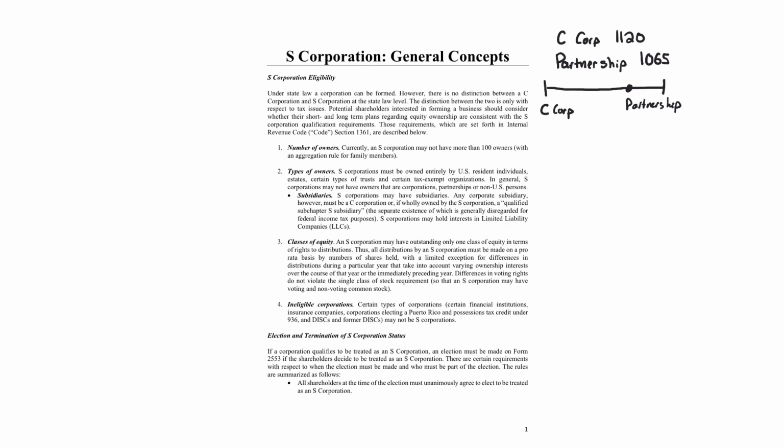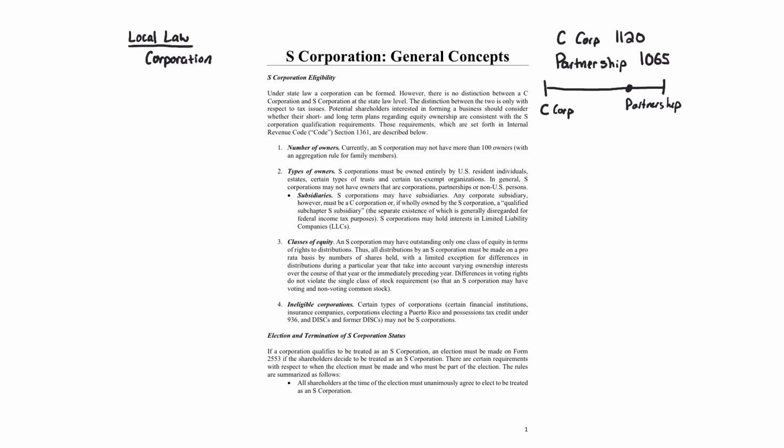All right, so now let's talk about local law. Under local law, what kind of entity you are for legal purposes, as many of you already know, is determined at the state level. Now, when it comes to corporations, there's only one type of corporation under local law, a corporation. There is no C versus S corporation.